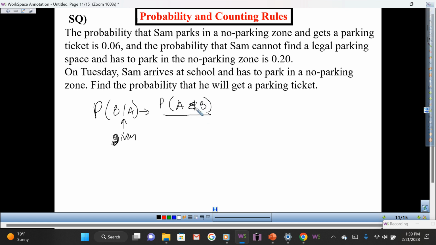P of A and B over P of A. Okay. Show your neighbor what you wrote, please, and see if they have something similar to yours.